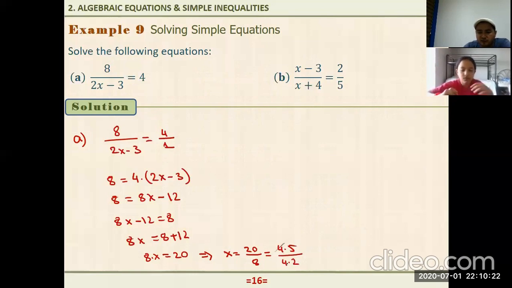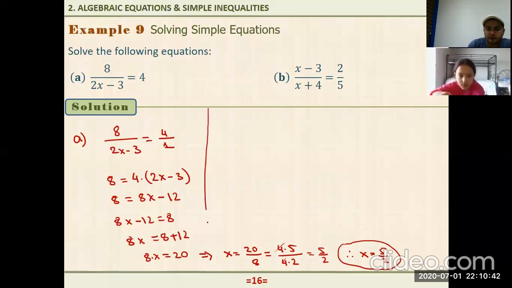So these two common factors cancel each other. 5 over 2. So, therefore, the solution of this equation is 5 over 2. Okay. All right. Let's draw a line.